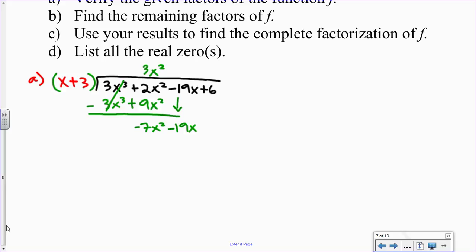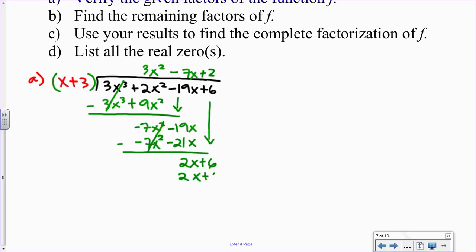Okay. So was anyone not able to get that?